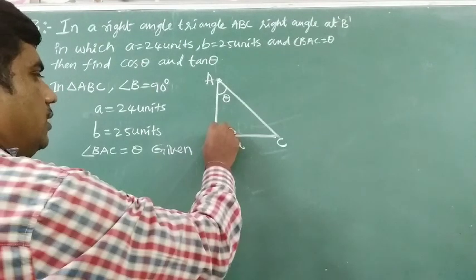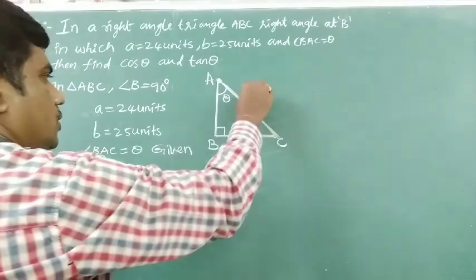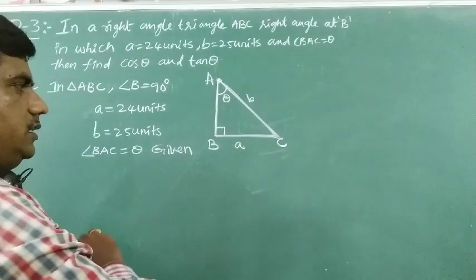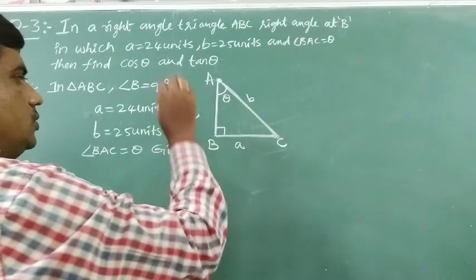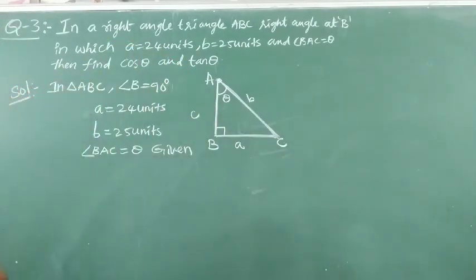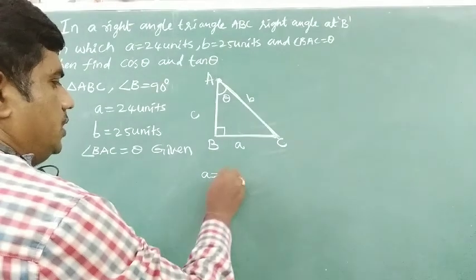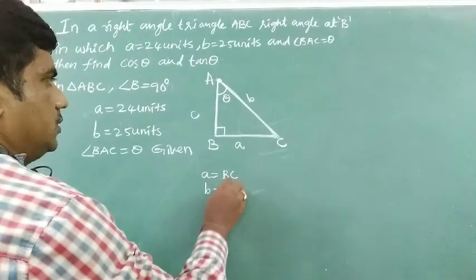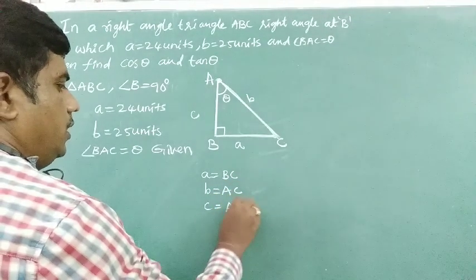Same like that, B vertex opposite side is denoted by small b, so small b means AC. C opposite side AB is denoted by small c. So small a is BC length, small b is AC length, small c is AB length.